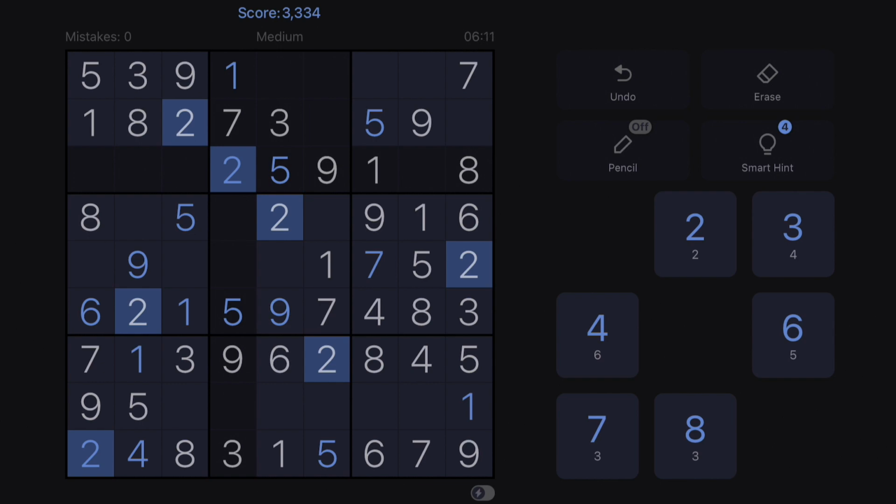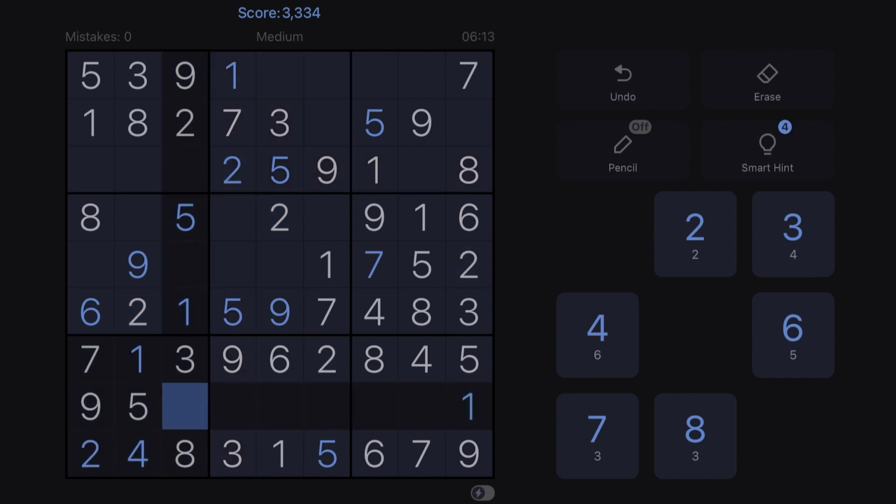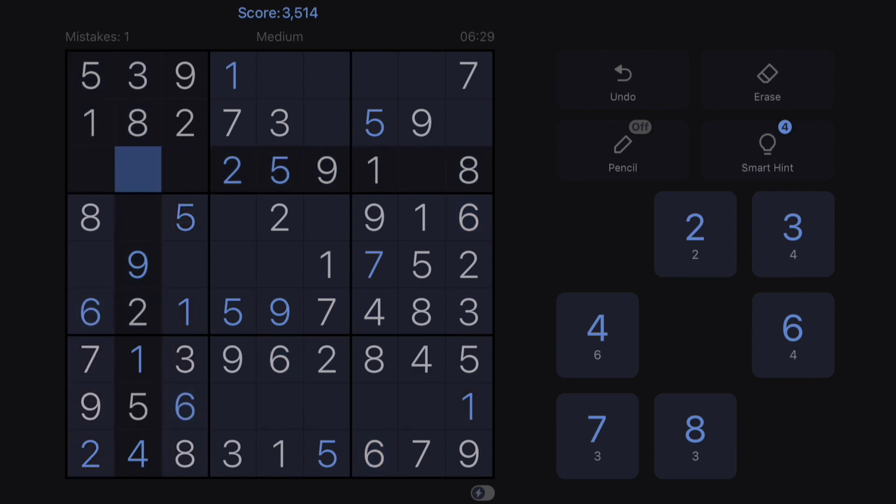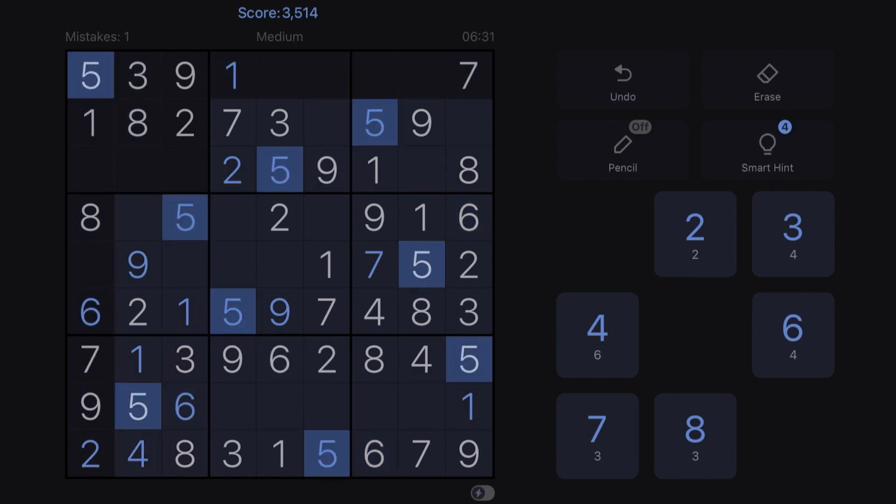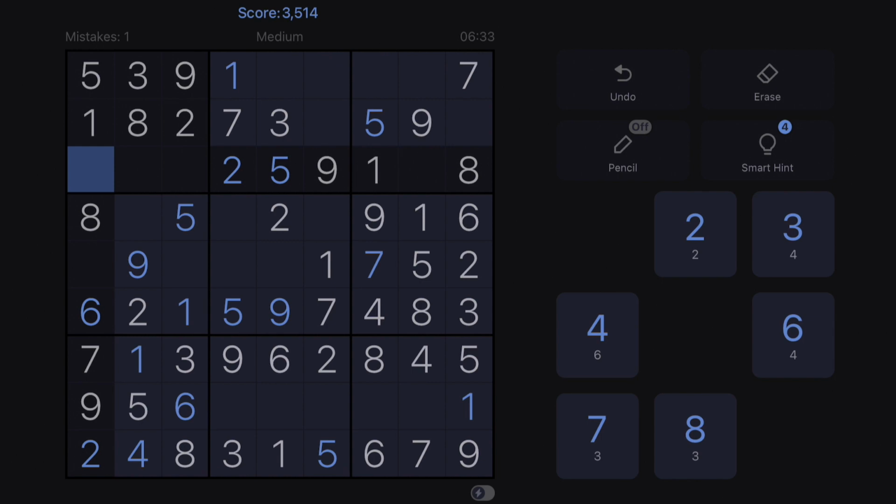Okay. And we have this easy picking, which is a 4. Which is a 6. That means the square here needs a 6. It cannot be here because there's one below.